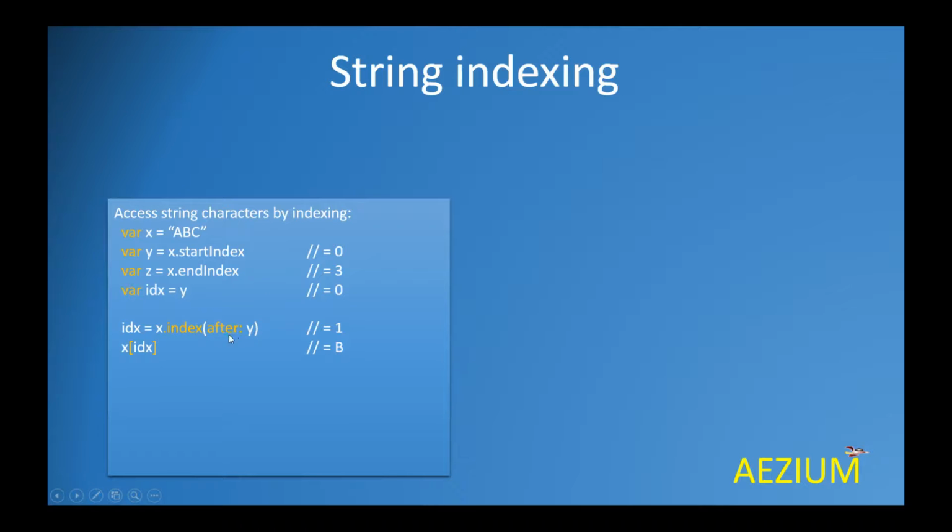So what this one is saying is we'd like to generate the index of the character of x which comes after index y. y is 0. The one which comes after it will be 1. So this will generate 1 and assign it to idx. Then when you use this arrangement here, we are extracting the character of x corresponding to index 1, which is b. And this is the result.